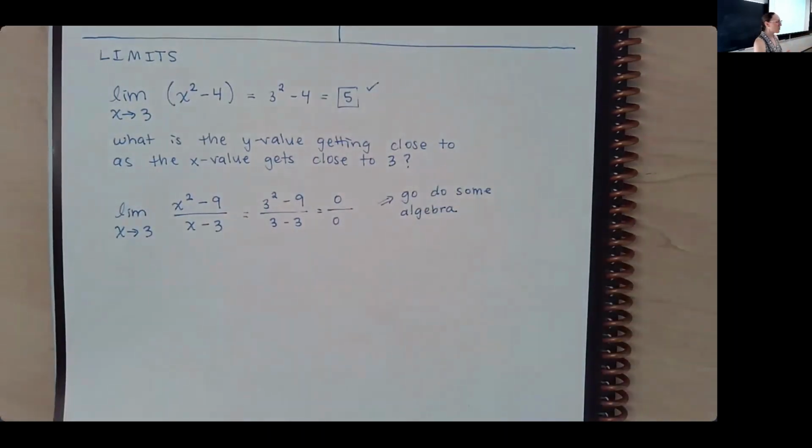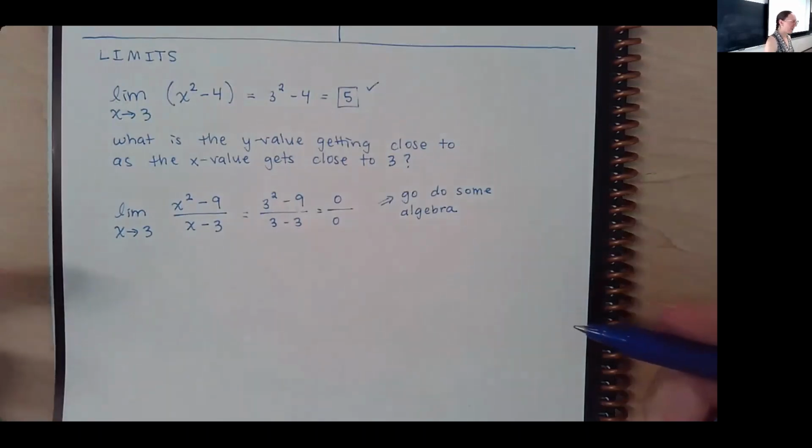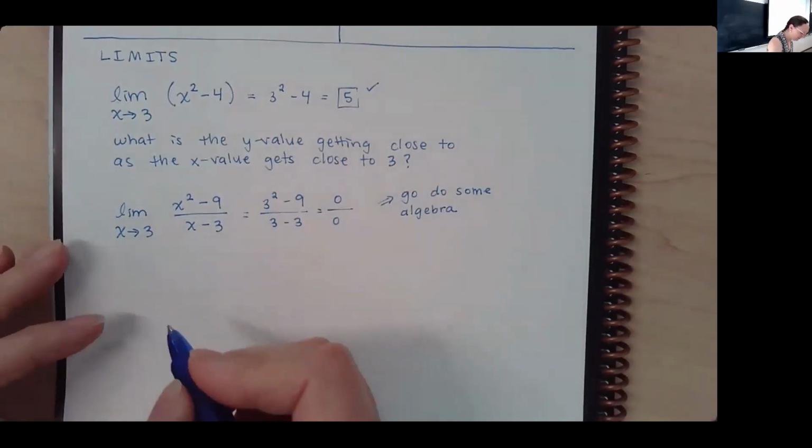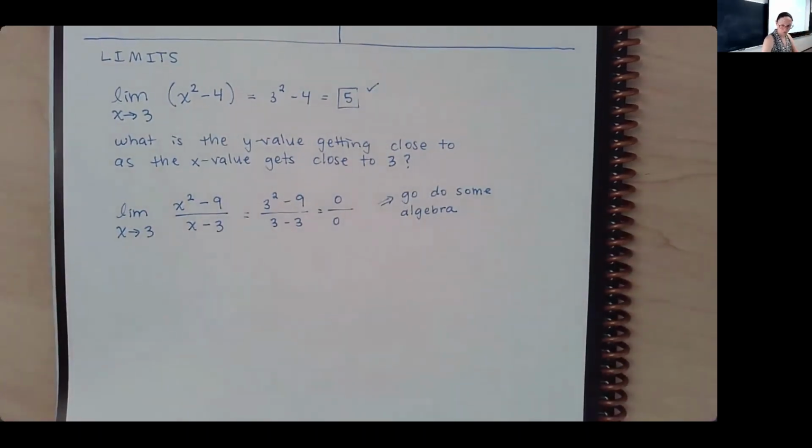Now, the kinds of algebra that we're going to end up doing for a 0 over 0 limit include factoring, multiplying by the conjugate, or finding common denominators. And all three of those things are going to show up eventually. I don't want to dive a ton into the algebra because, quite frankly, I'm short on time and we've got people who are doing limits in lots of other ways.